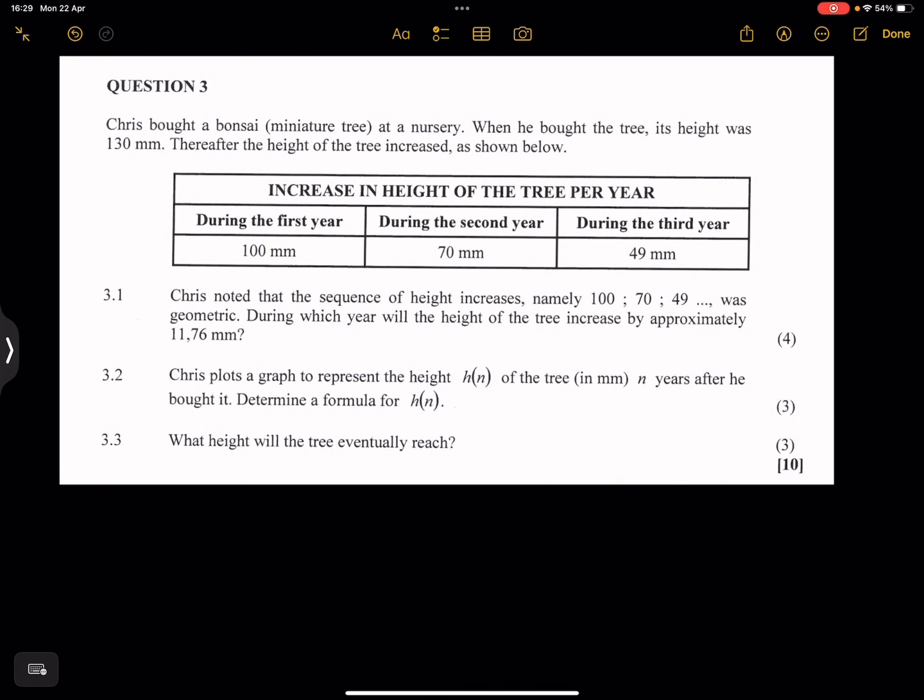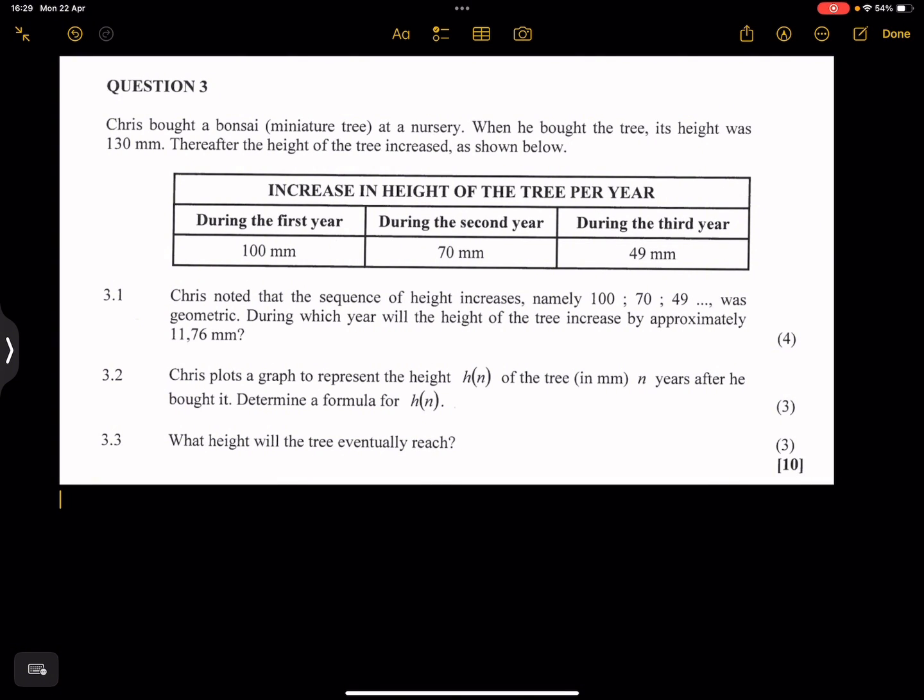Chris noted that the sequence of height increase, namely 100, 70 and 49, was geometric.